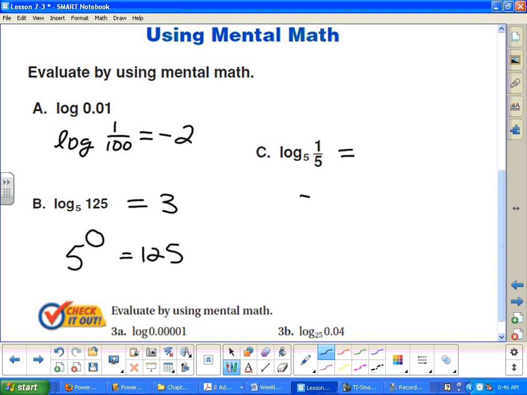So for the letter C, I'm thinking, 5 to what power is 1/5? 5 to what power is 5? 1. But if it's 1/5, then it's going to be negative 1.